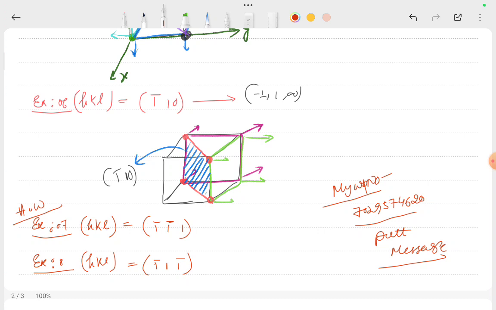So these are the problems I discussed here: how to sketch negative Miller indices, as well as how to sketch positive Miller indices.